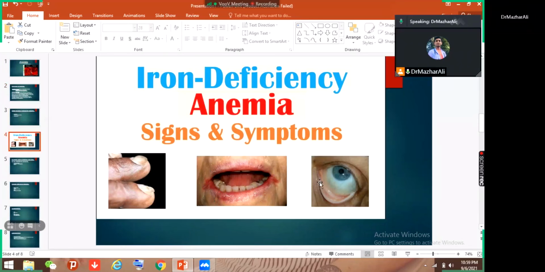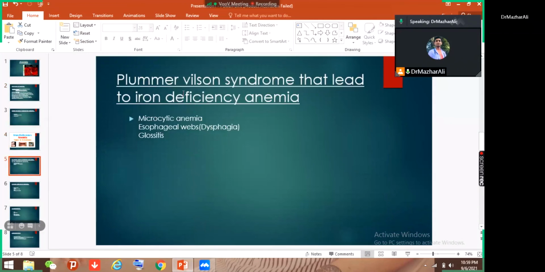These are typical signs of iron deficiency anemia. And then there is the Plummer-Vinson syndrome that leads to iron deficiency anemia, including microcytic anemia, esophageal webs that lead to dysphagia, and glossitis, inflammation of the tongue and the borders of your lips.